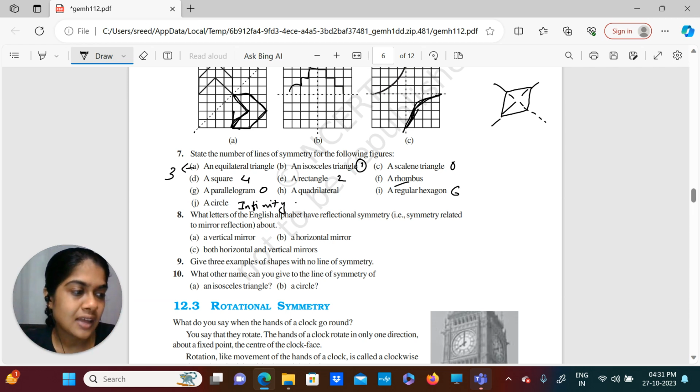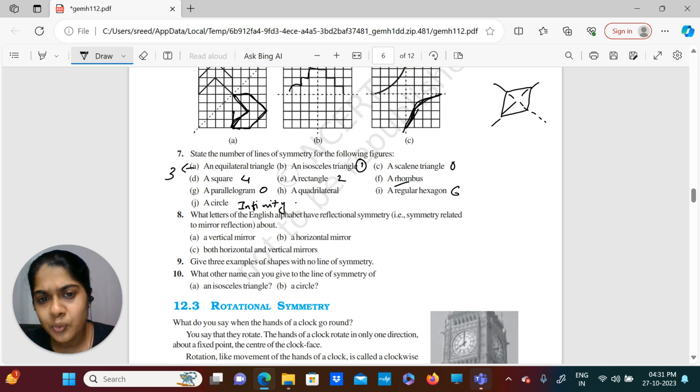How many lines of symmetry does a rhombus have? Check it, draw it. Check it. 2 only, right, along the diagonal.